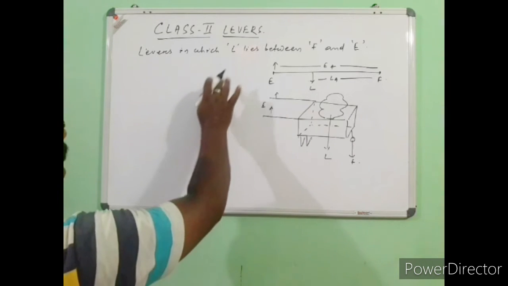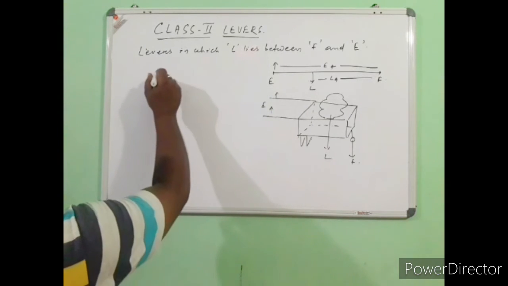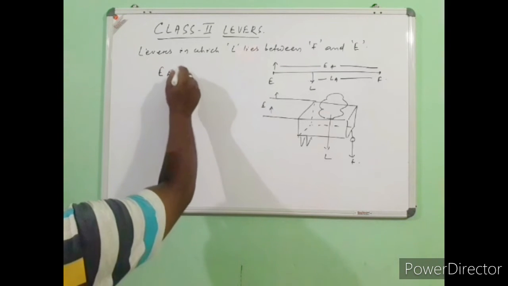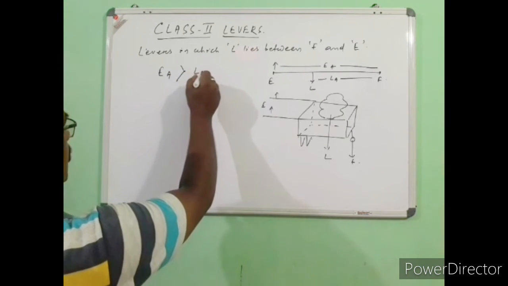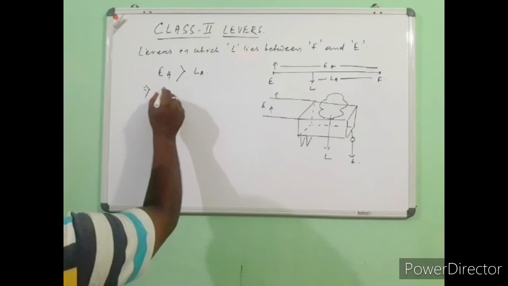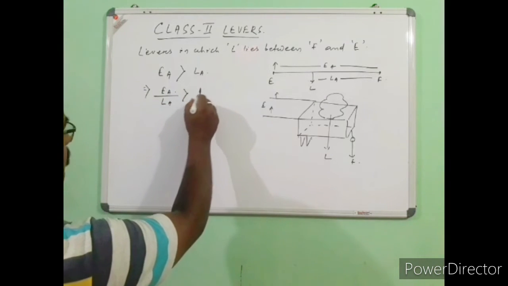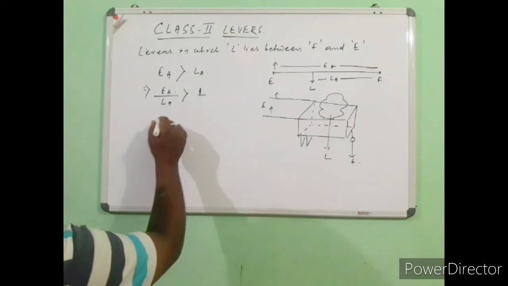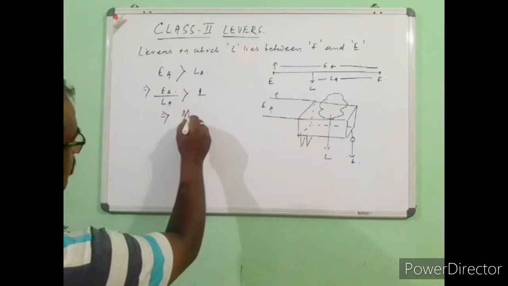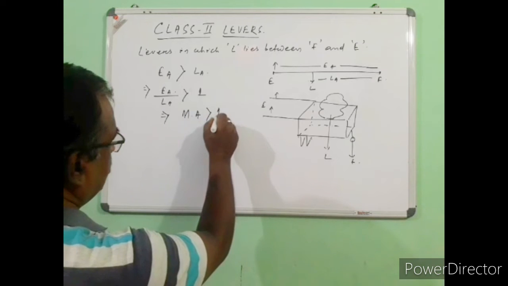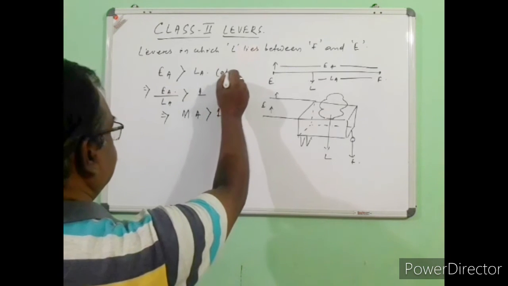So therefore, here only one condition, in which we will be getting effort arm is quite bigger than that of the load arm, or in other words, effort arm with respect to load arm must be greater than 1, or in other words, mechanical advantage of this machine is greater than 1 always.